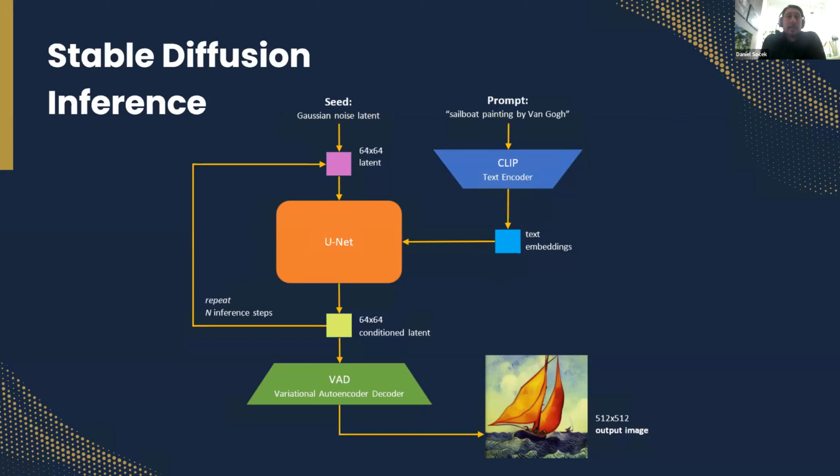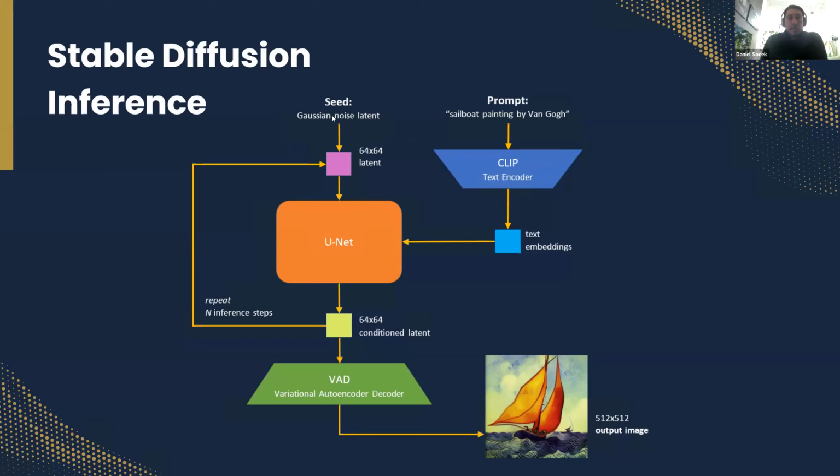It's not the image space per se, but a more compact representation of it. The latent space is more like a feature space of the image, where the essence of the image is captured in the 64 by 64 latent. Again, it's a two-dimensional matrix.